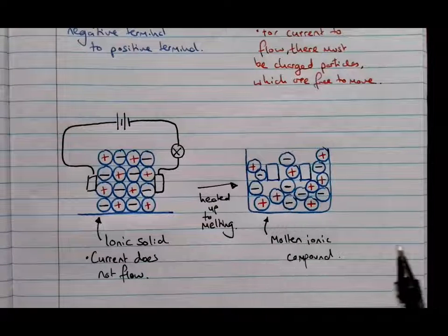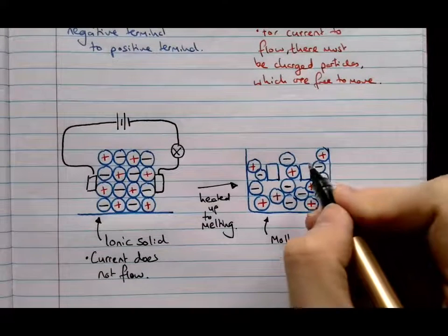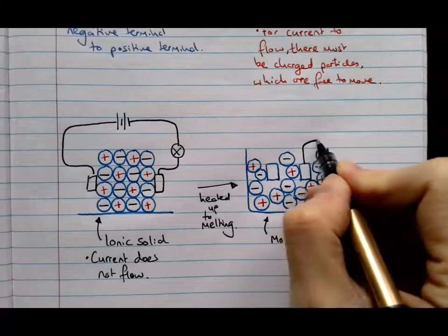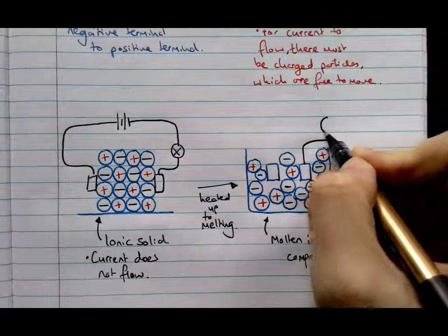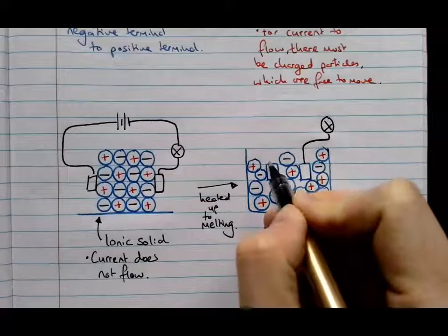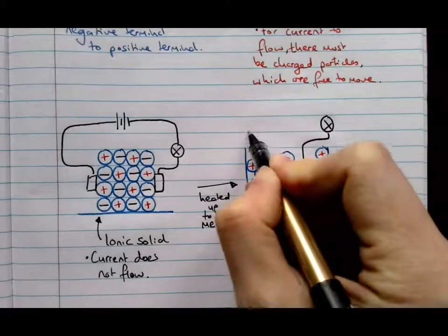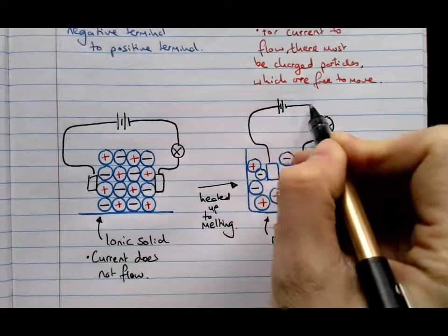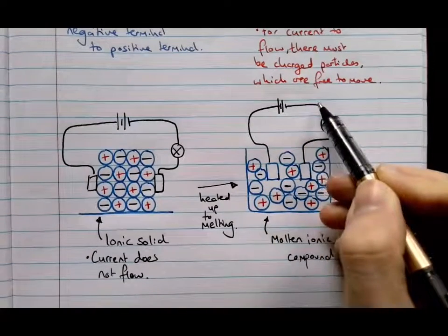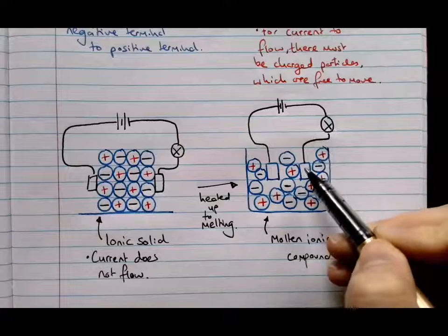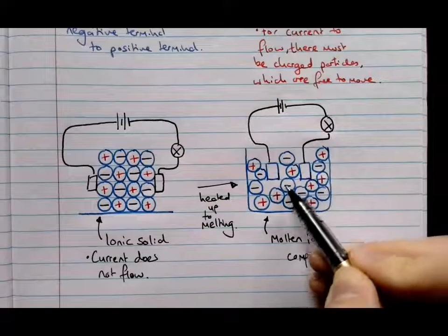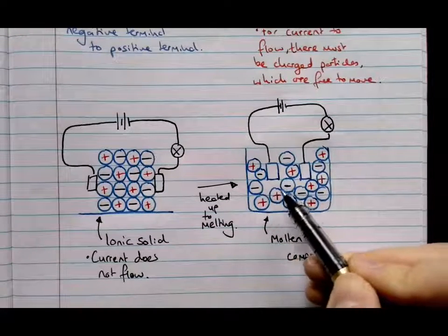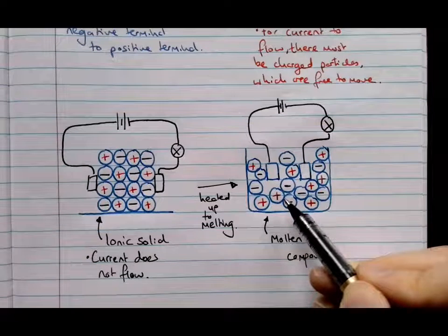All right, but now, if I connect it to my circuit, if this was possible, now the electrons flow around here, and when they get to here, these charged particles, because they're in the liquid state, they're all free to move.